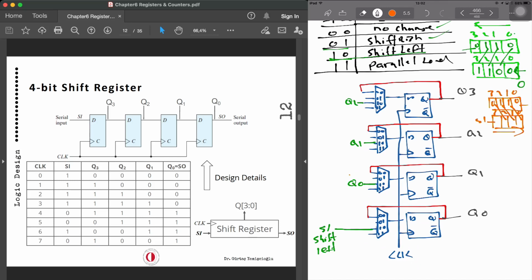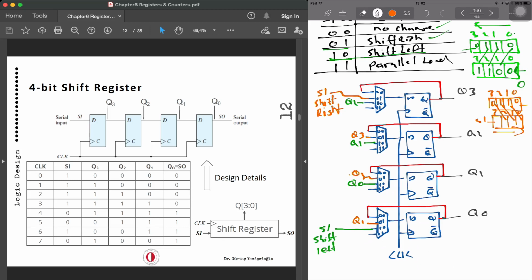So that means Q3 will be fed to Q2, Q2 will be fed down to Q1, and Q1 will be fed down to Q0, and Q3 will have another serial in for this operation, shift right.